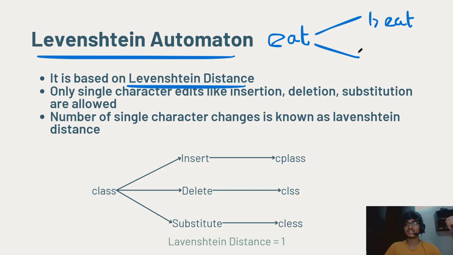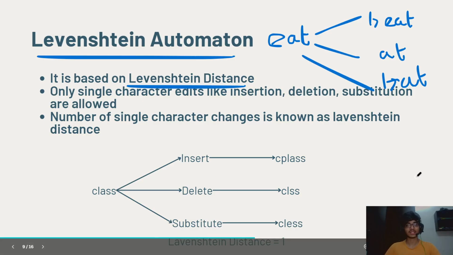Or maybe I delete the letter E, it becomes at. Maybe I substitute E for B, it becomes bat. So these single character edits like insertion, deletion, substitution are allowed. So the number of these single character changes allowed is known as Levenshtein distance.